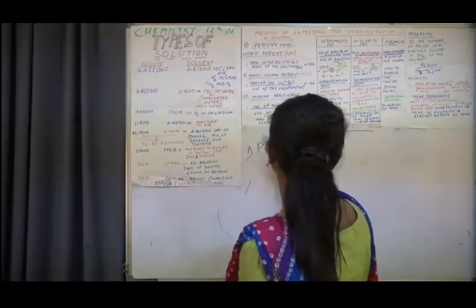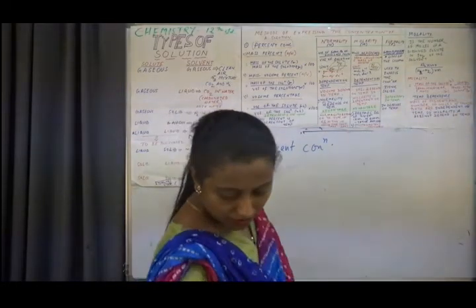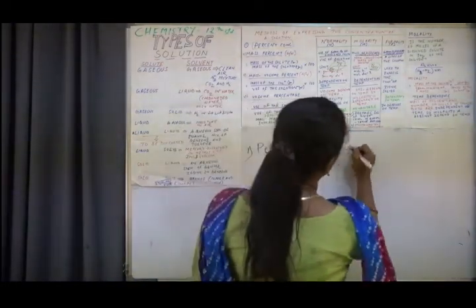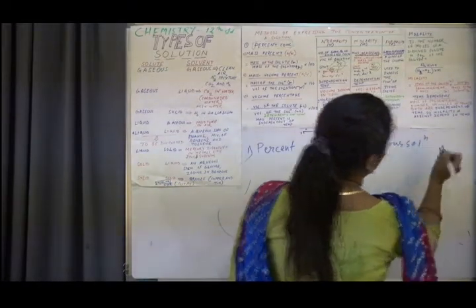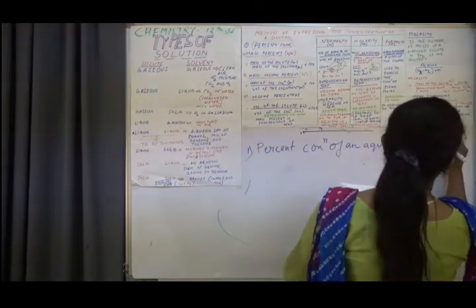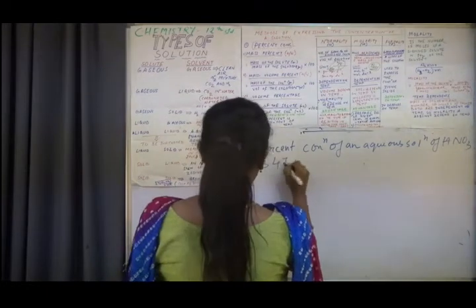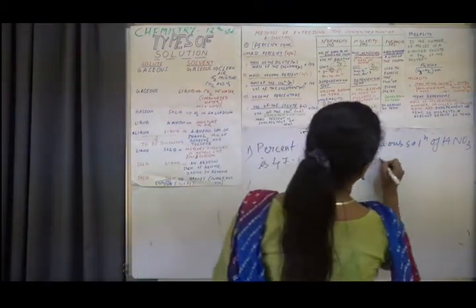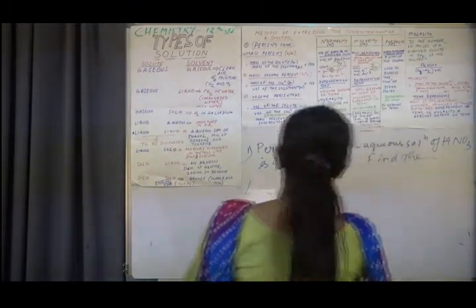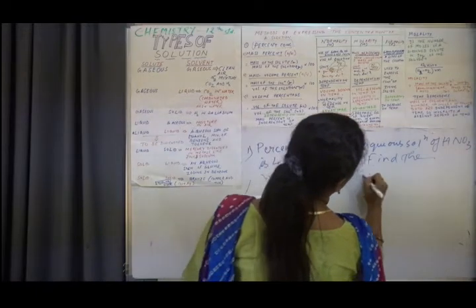The percent concentration of an aqueous solution of HNO3 is 47.5 w/w. Find the normality of the solution.